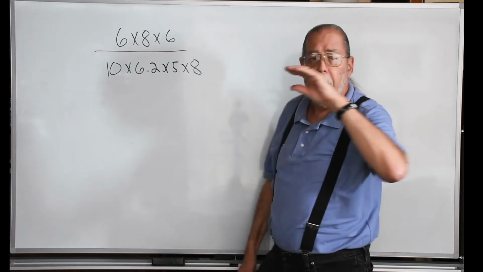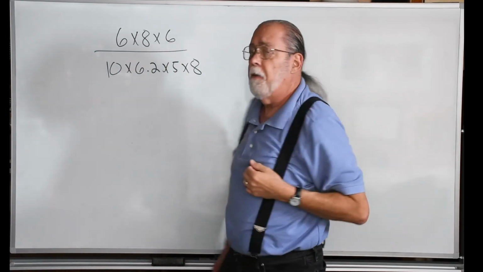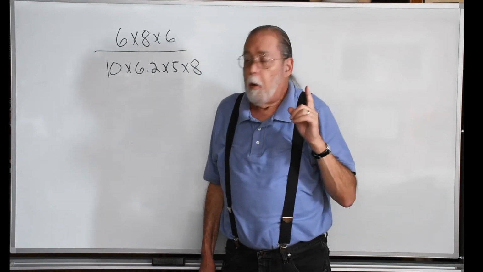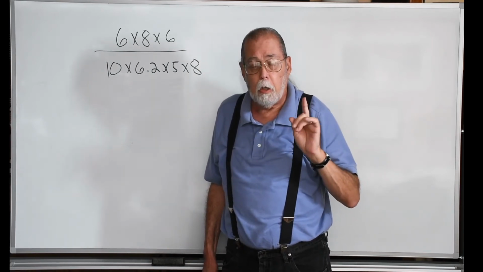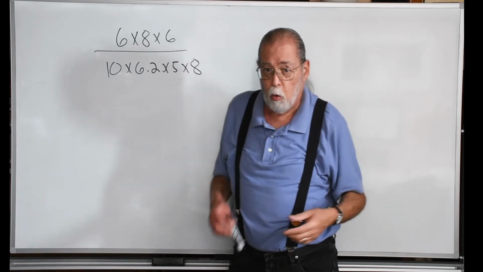We'll have to multiply a bunch of stuff in the numerator and then divide by a bunch of stuff in the denominator. Now I know a lot of you are going to do this in the following way, and it is valid and it works.